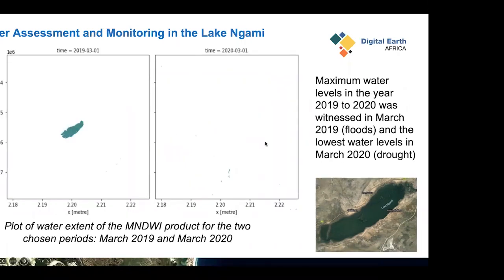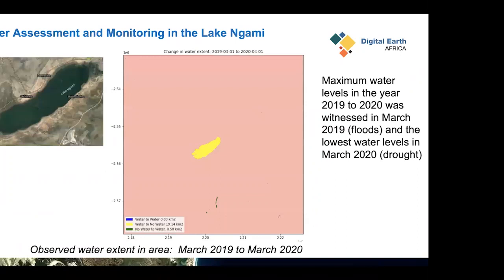Also, 2 selected years were chosen to find a comparison between them. Those 2 years were 2019 and 2020, the same month, which was March. As you can see, within these 2 different years, in 2019 there was an amount of water there, but in 2020, all the water was lost within the lake.